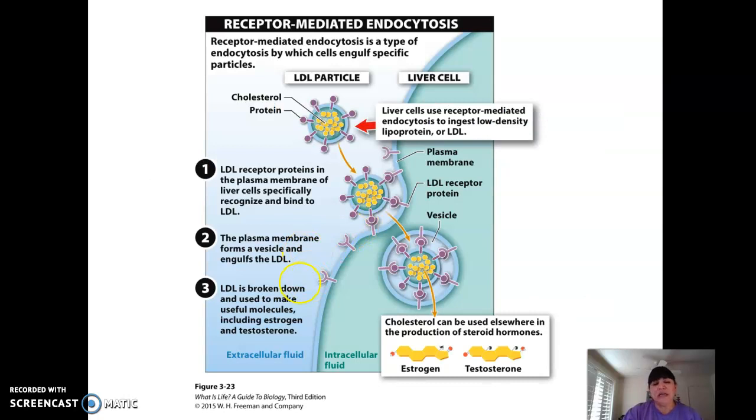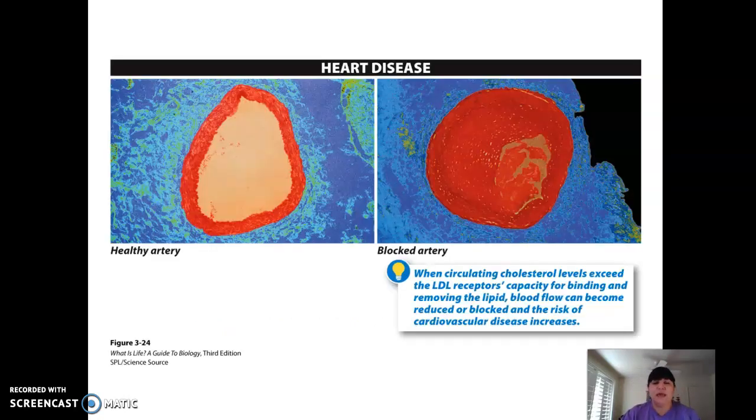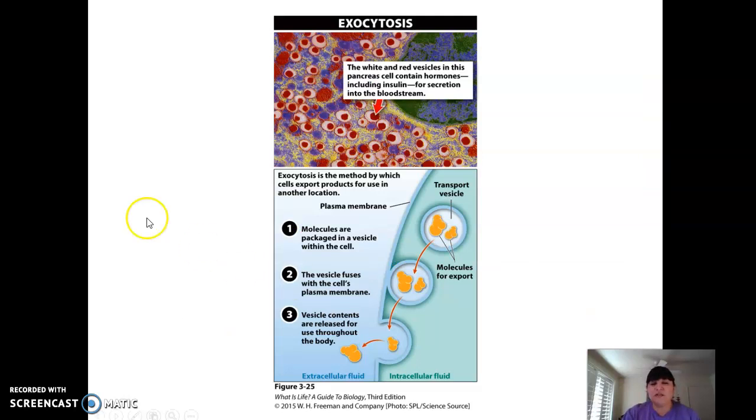Exocytosis is actually the reverse of pinocytosis, moving stuff out of the cell. Again, if the cell membranes aren't working right, it's going to cause problems, so they talk about that. Exocytosis, the opposite of endo.